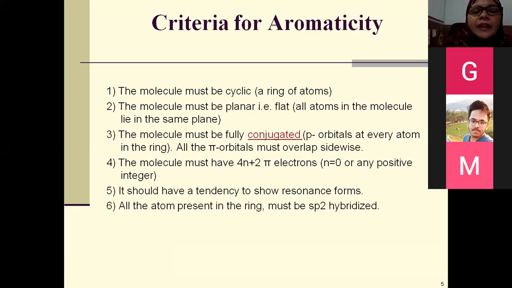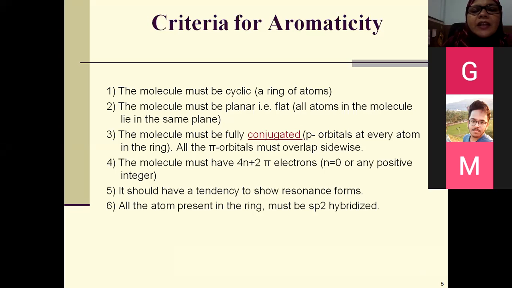Here, all the atoms present in the ring must be sp2 hybridized. This is the sixth criterion. Whatever atoms are present in the ring must be sp2 hybridized. So these are the 6 criteria which define aromaticity.